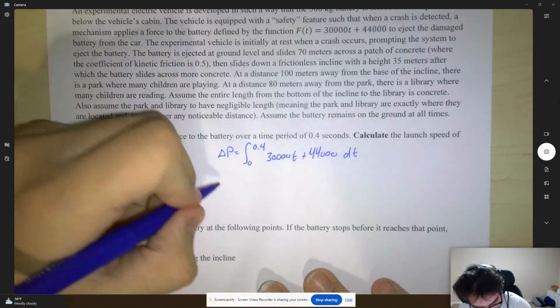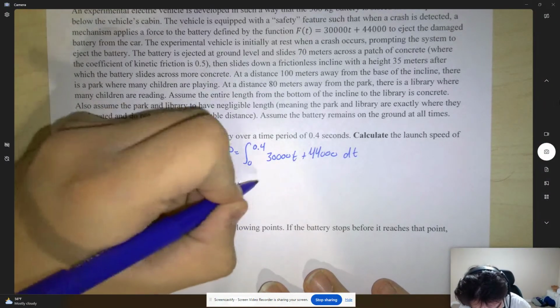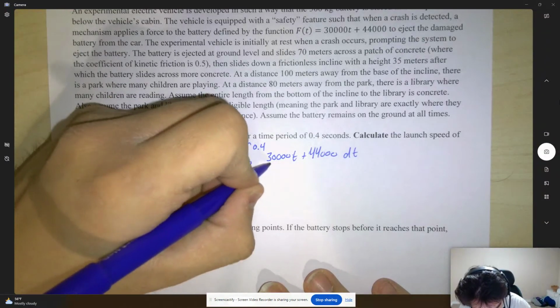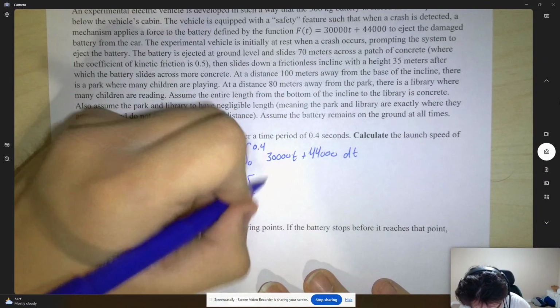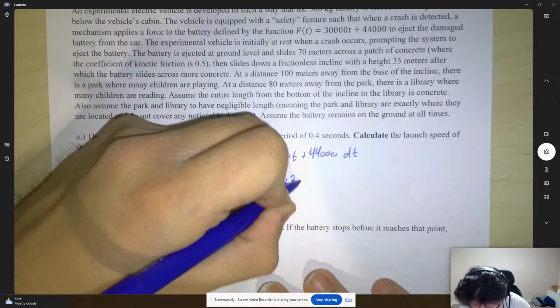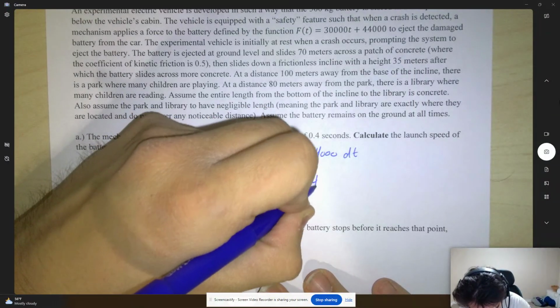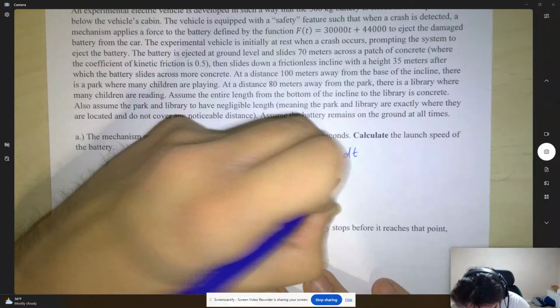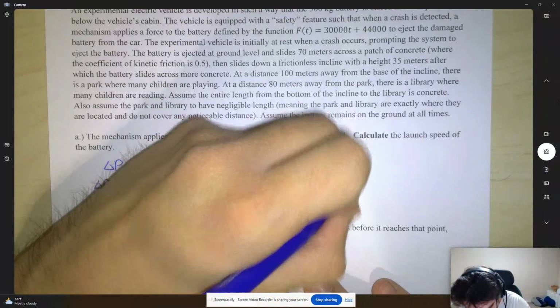When I integrate this, I should get delta P is equal to, I'm going to divide this by 2, so this is going to become 15,000 t squared plus 4,400 t, and this goes from 0 to 0.4.